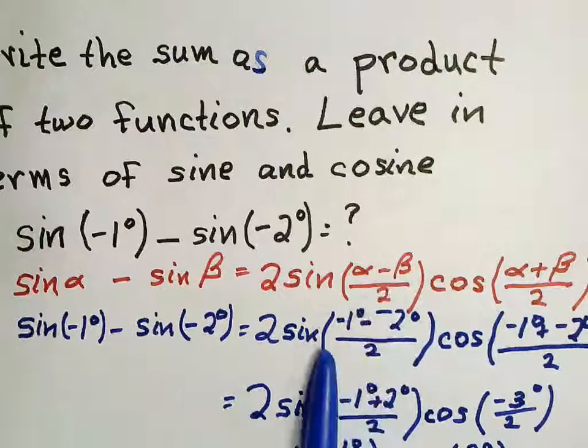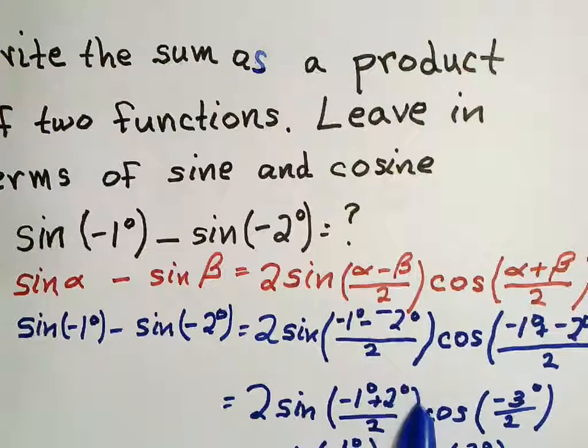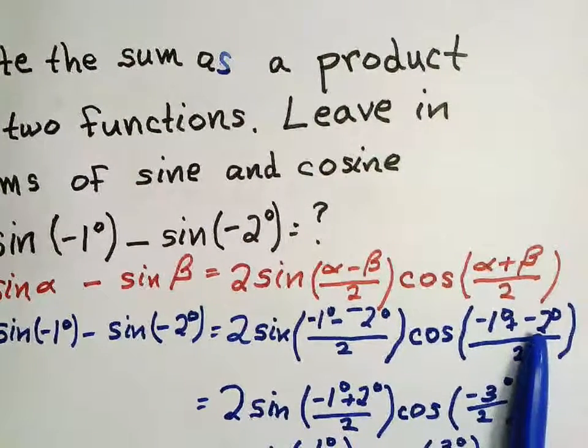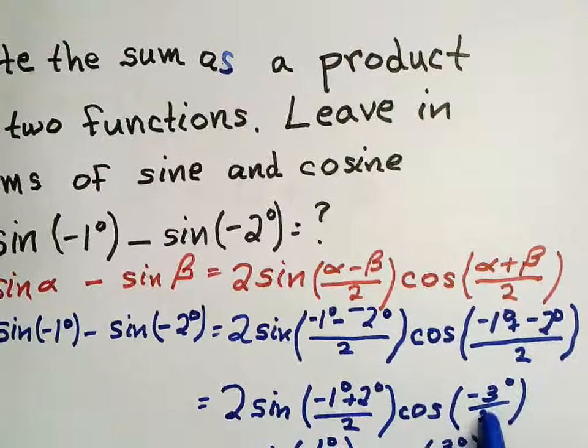So I subtract negative 1 minus negative 2, which is negative 1 plus 2, which gives us 1 degree divided by 2, which is 5/10 of a degree. Then we're going to add them. Negative 1 degree plus a negative 2 degrees gives us a negative 3 degrees divided by 2. Now you remember that cosine is an even function. So the cosine of a negative angle is the same as cosine with a positive angle.